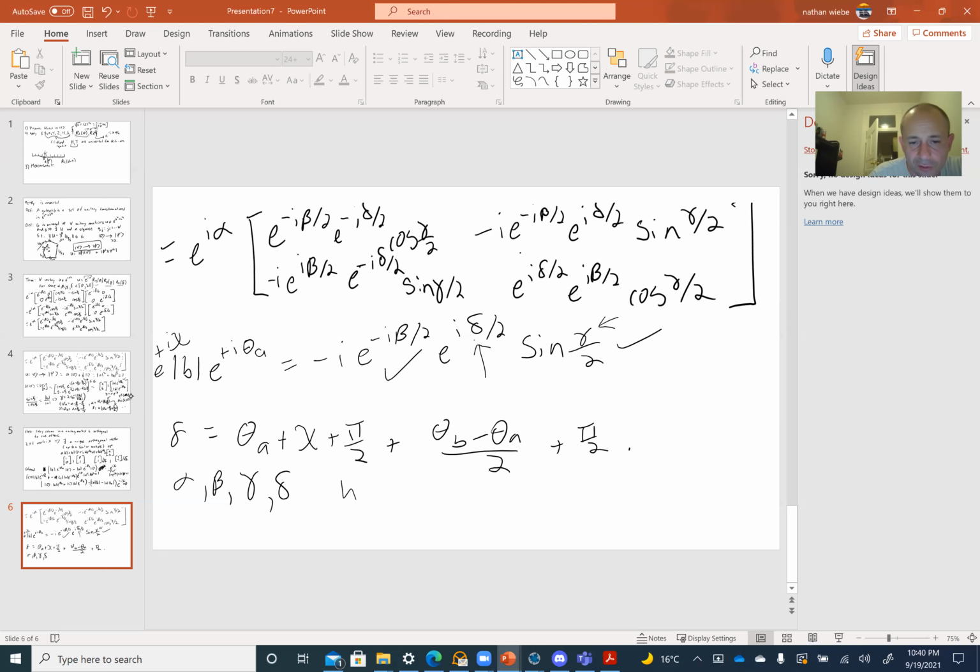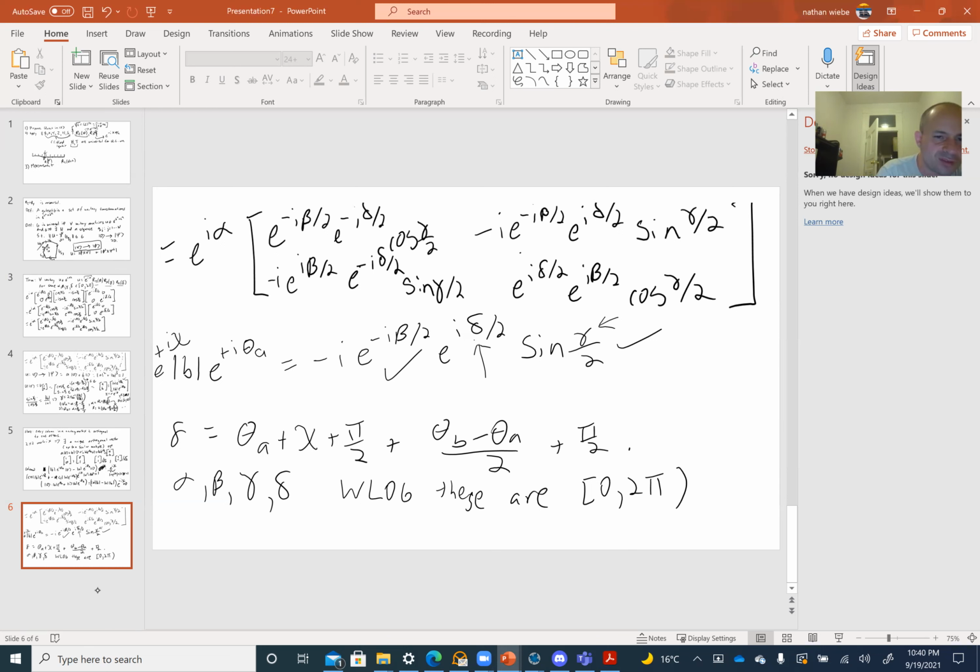And without loss of generality, these can be chosen to be inside the branch 0 to 2 pi, because of the fact that all of these rotation angles that we end up getting afterwards can always be re-rotated back inside those without changing any of the overall quantities. So that's not a problem whatsoever.